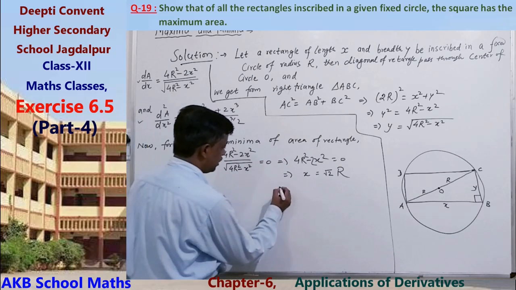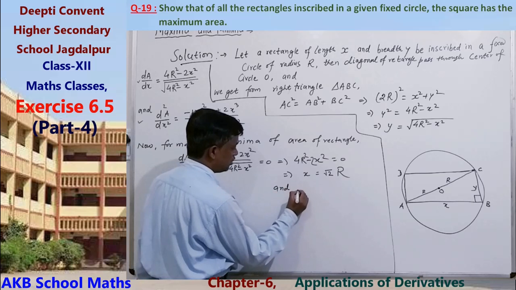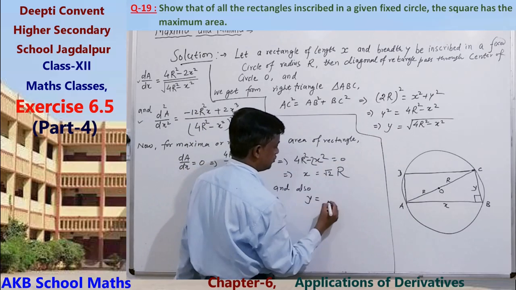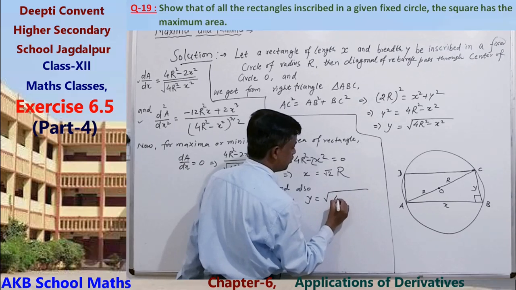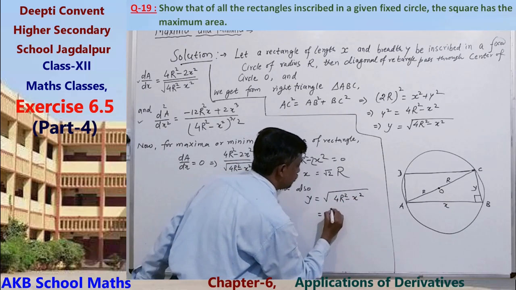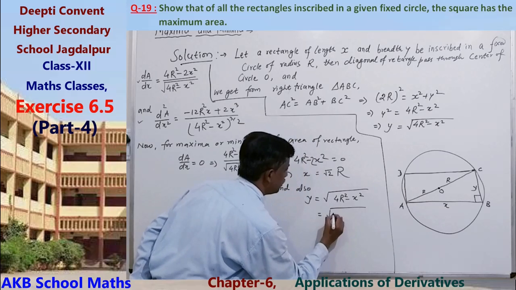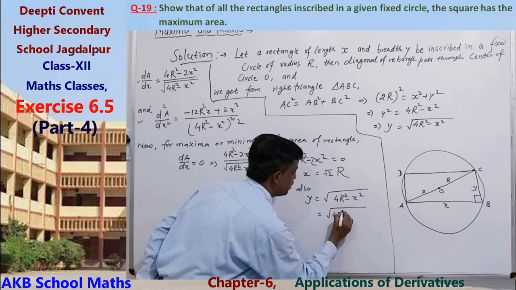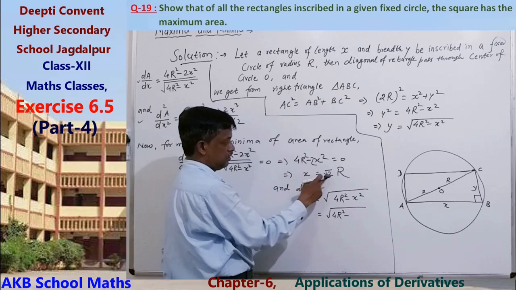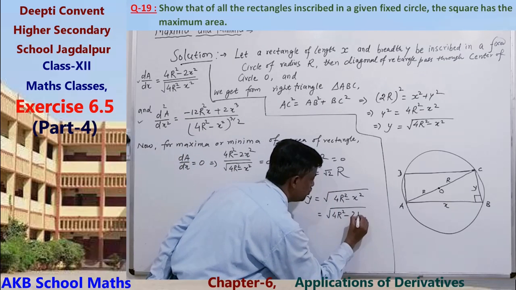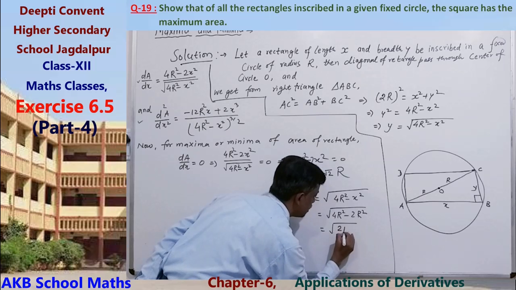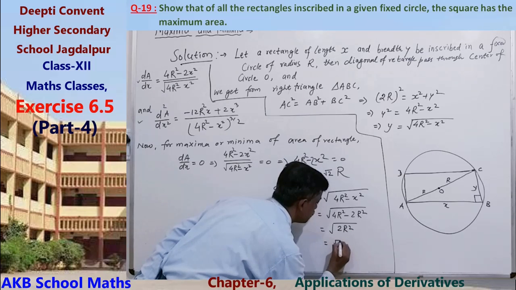Okay, and also y equals to root of 4r square minus x square. X square means 2r square. This is equals to what? 4r square minus 2r square, 2r square. This is equals to also root 2r.